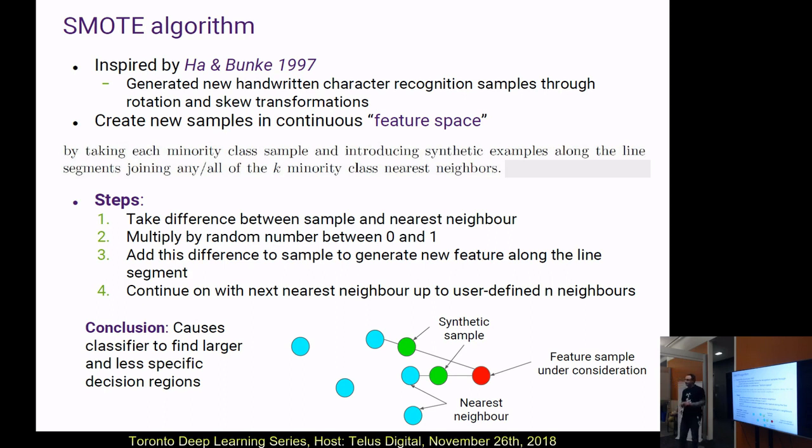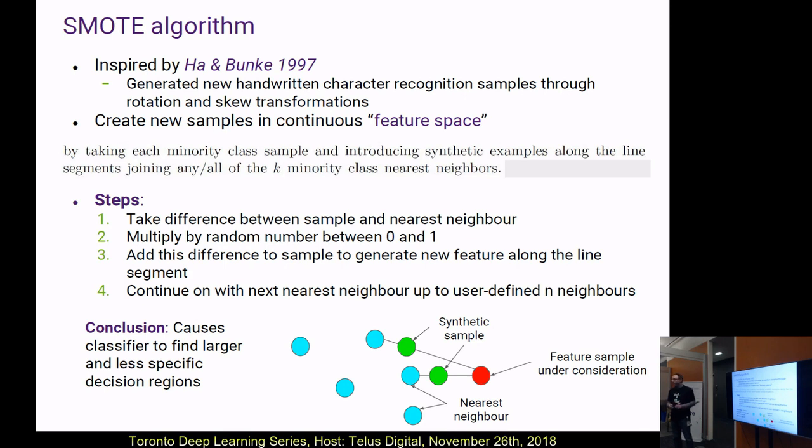Do you run into problems with things like horseshoes or squiggle-type data, anything where you have majority class data in between minority class data, if k is too large or there's enough space in between the points in the minority class? I suppose you could, yeah, if you choose k too large.